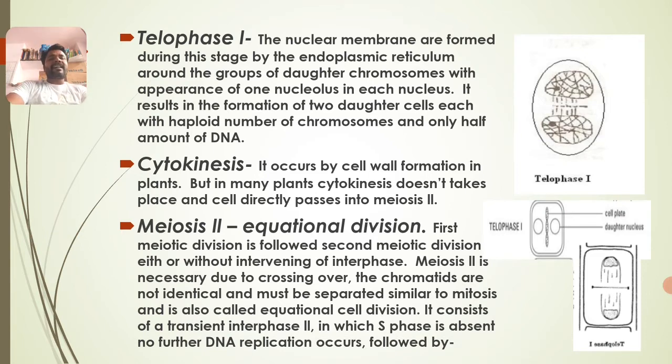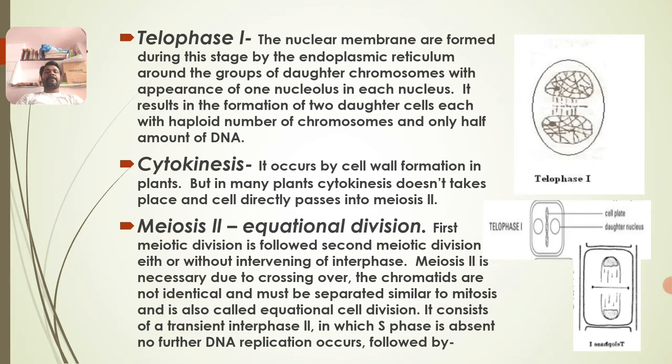The chromatids are not identical and must be separated similar to mitosis, so it is also called equational cell division. It consists of a transition interphase II in which the S phase is absent. No further DNA replication occurs.